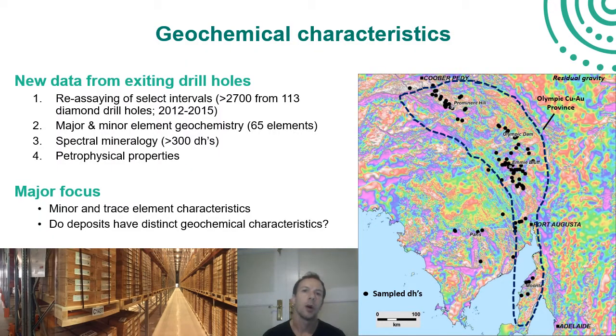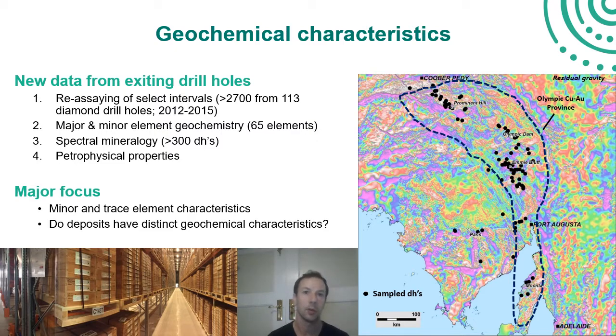The basis behind this presentation really is a project by the Geological Survey looking at reassaying drill core held in government storage. So we reassayed select intervals from holes throughout this region, also collected spectral mineralogy and petrophysics.